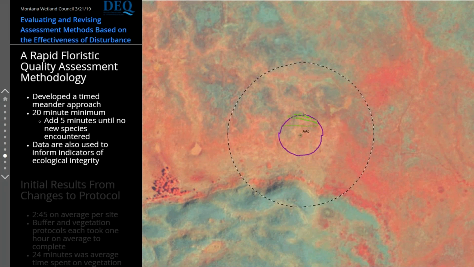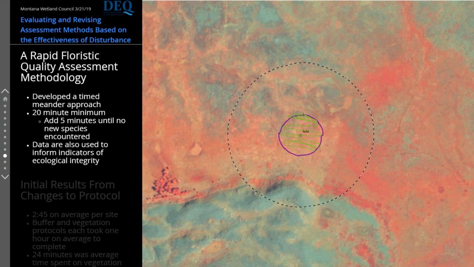For the floristic quality, remember the problems we identified from the Musselshell: we only collected it at 36 sites, 25% of every place we sampled, and it takes 6 hours on average to do one of these. Another problem is that it takes a very experienced botanist to do.